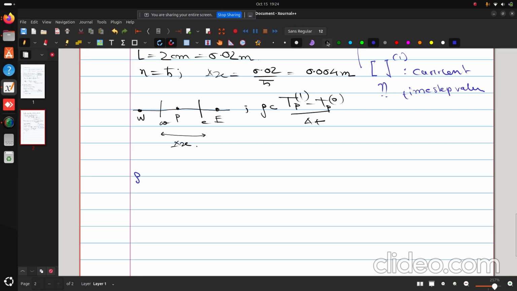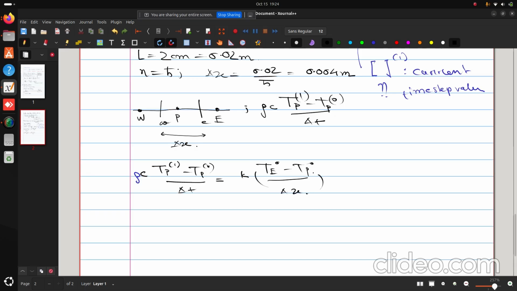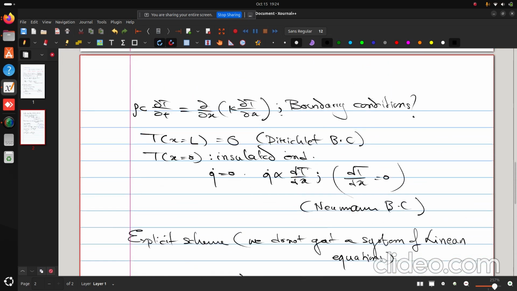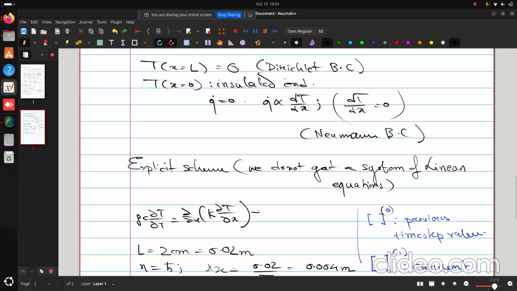Let us write it down here. This is after we do the Gauss divergence theorem, then we get the gradient, then linear profile assumption, and finally we get this kind of a form.